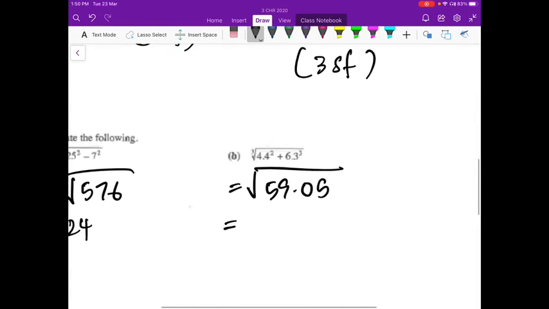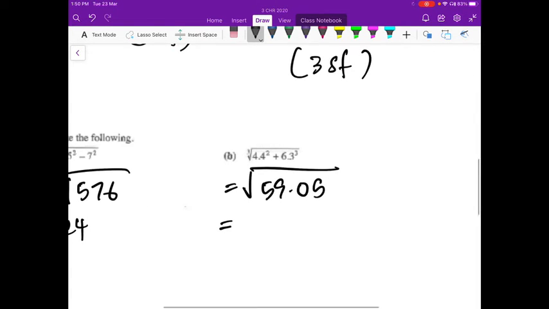What do you say? You got 3? Sure not. 1.4 plus 6.3. Oh, cube. Sorry. 269.